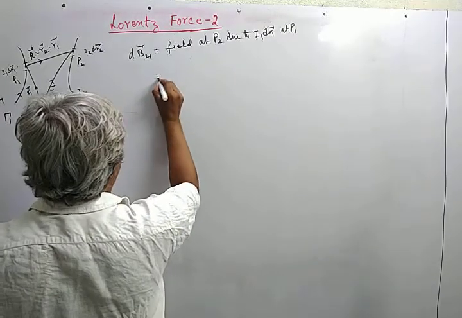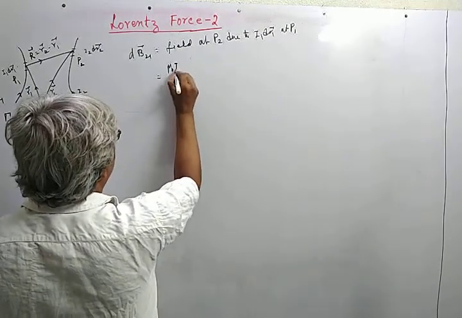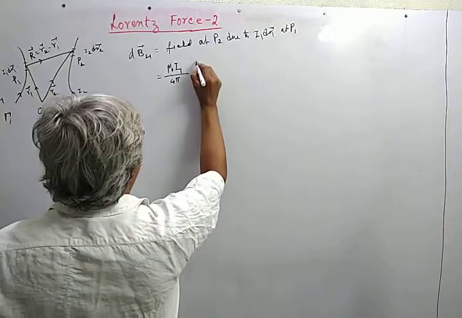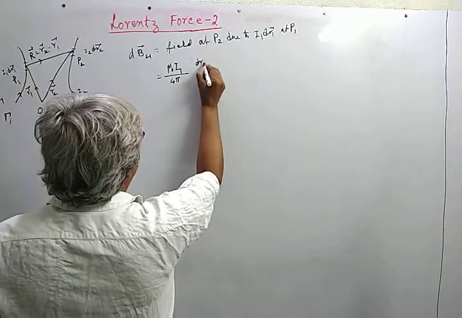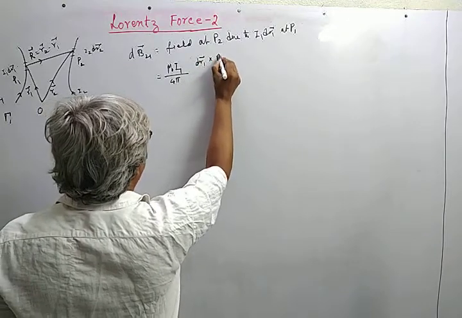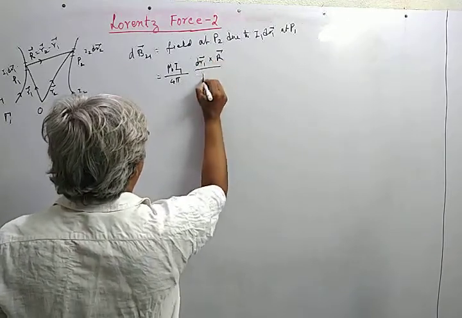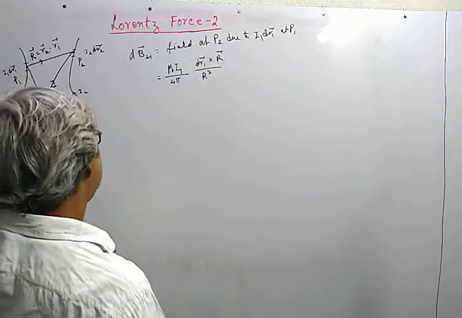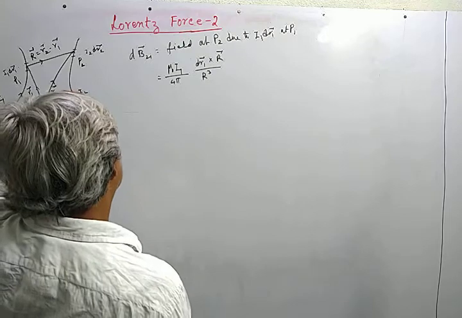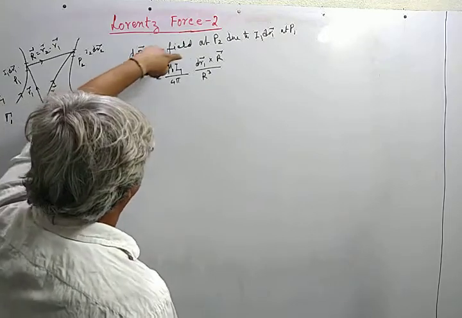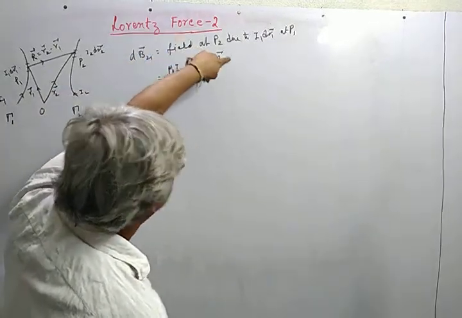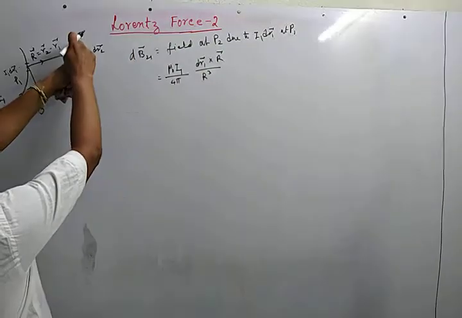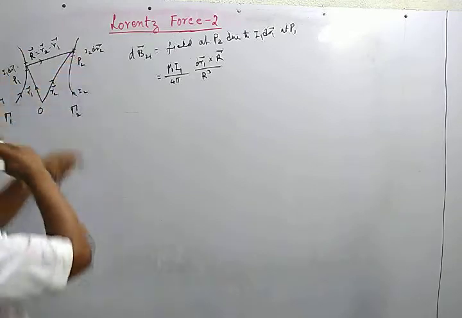As per Biot-Savart law, this is mu 0 I1 upon 4 pi dR1 cross R by R cube. And similarly, B12 is obtained by replacing I1 by I2, R1 by R2 and vector R by minus R, because in that case we will have the position vector from here to there.